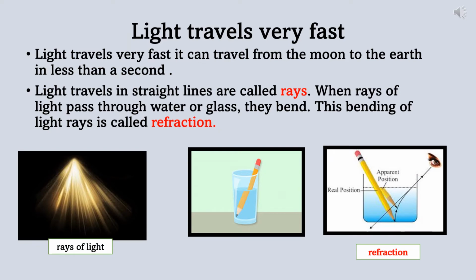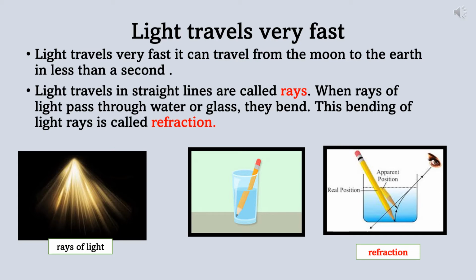Students, tell me, what travels fastest, light or sound? Yes, it is light. Light travels very fast and it can travel from the moon to the earth in less than a second. You would be surprised to know that it takes only 8 minutes for light to reach the earth from the sun. Light travels in straight lines, and these straight lines of light are called rays.